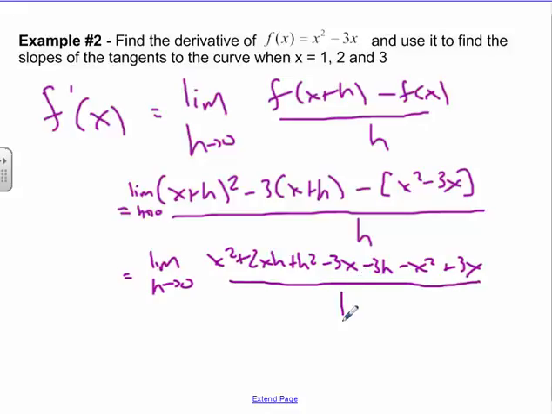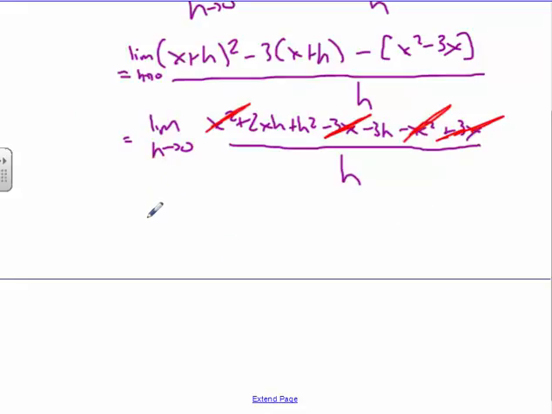I mean, basically at this point, it's just distributing. You have to have solid algebraic skills, obviously, to go on in calculus. But hopefully you'll discover that those guys cancel. These guys cancel. And we are left with a whole bunch of terms, and all of those terms should have an h in them, which is kind of the point.